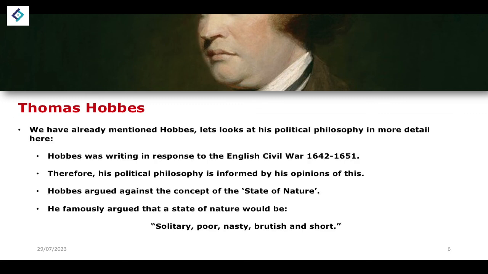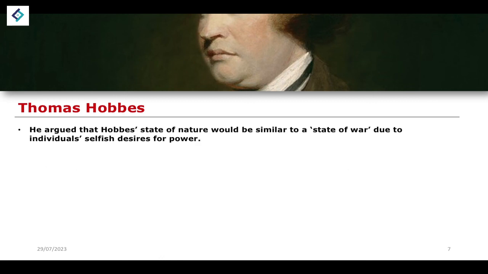Concluding, therefore, given that a state of nature would be so intolerable, that subjection to an autocratic sovereign is required for the establishment of order and a tolerable society. Hobbes argued that the state of nature would be akin to a state of war, due to the individual's natural selfish desires for power, and therefore informing their understanding of human nature.